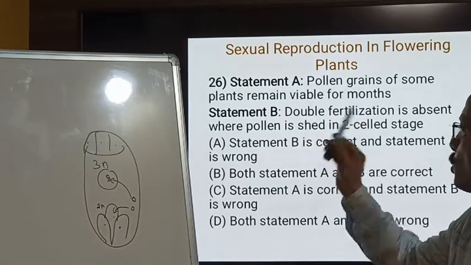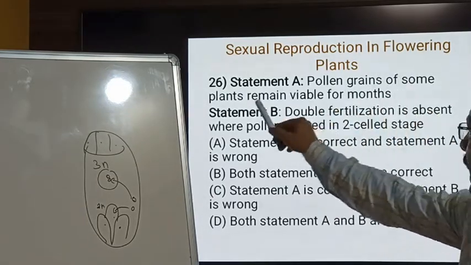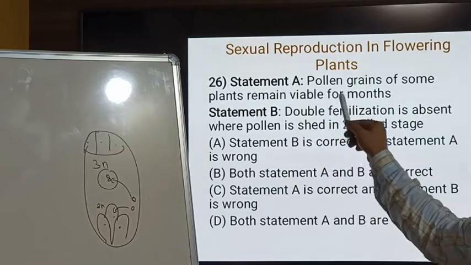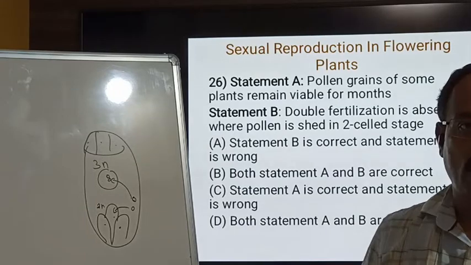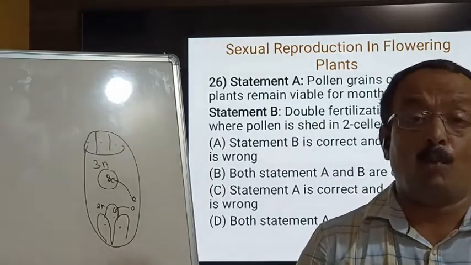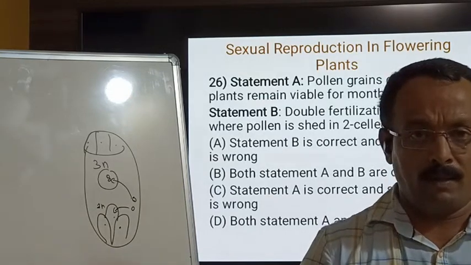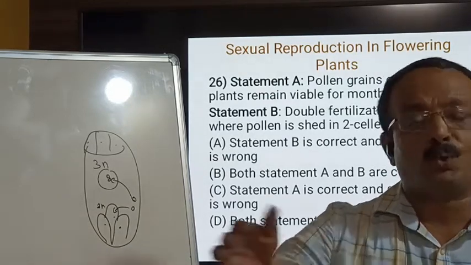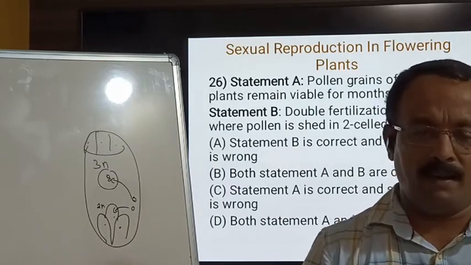Statement A. They have given two statements. Pollen grains of some plants remain viable for months. So in many plants, pollen grains have more viability time. They will be months together, especially Leguminosae and Rosaceae members.